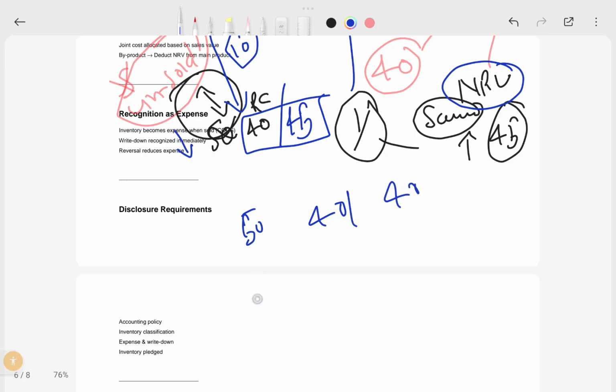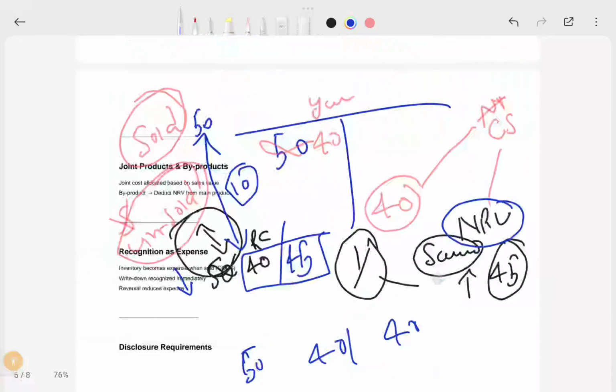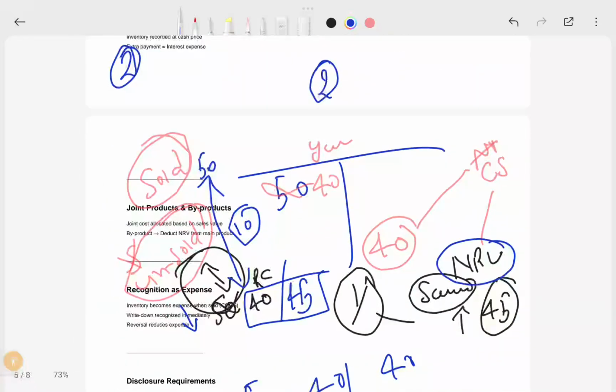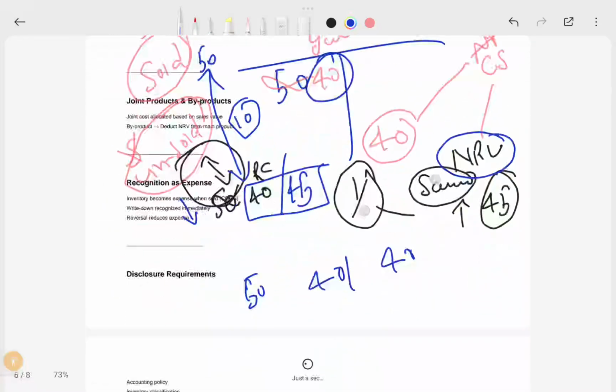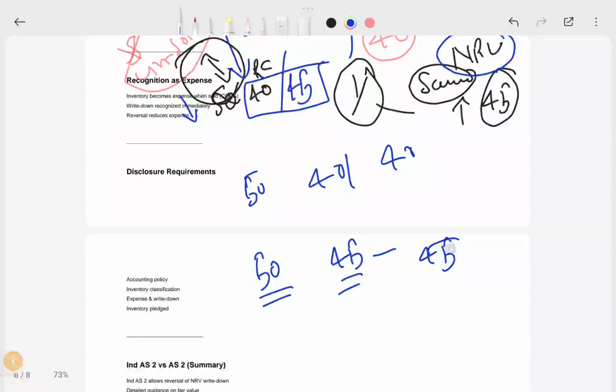This is the first year scenario. Second year, what is your cost? 50. What is your NRV? 45. There is an increase in the stock value. So which value is lower? 45 only. But in our books it is showing 40 only, right? So we need to reverse this write-down.